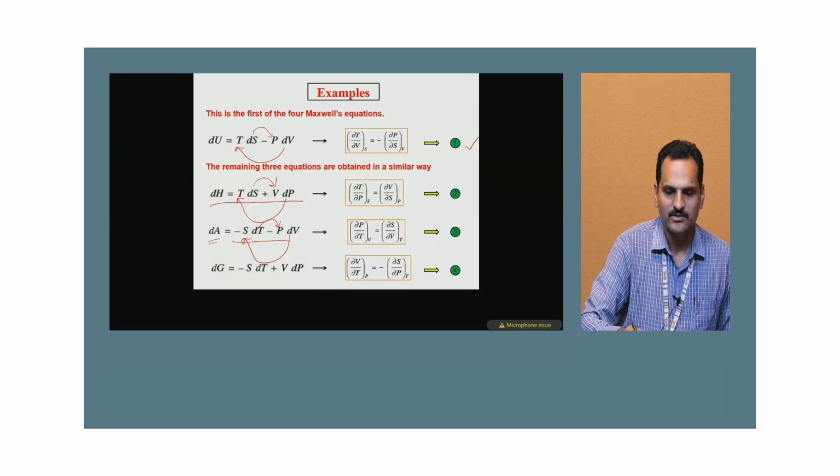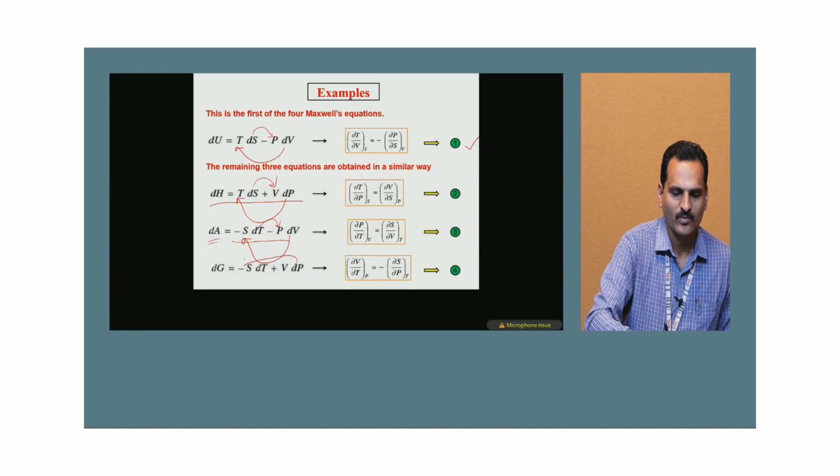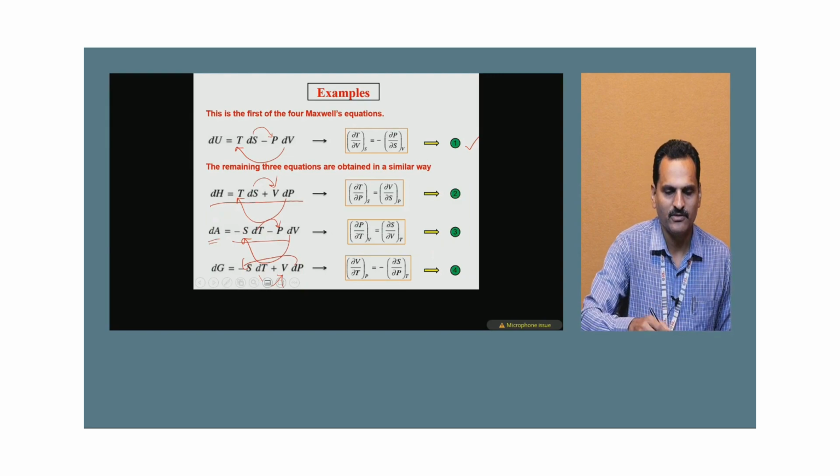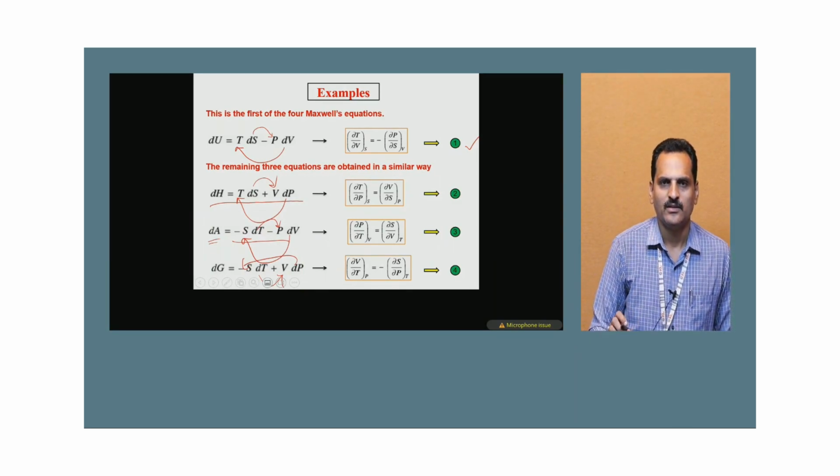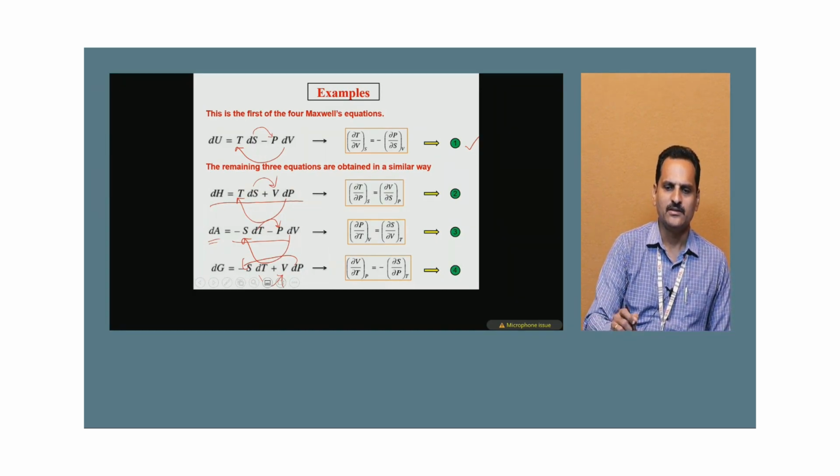In the partial differential form, ∂S/∂P is equal to ∂V/∂T. There is a minus sign, just put one minus sign where ∂S comes, and we can get the fourth Maxwell equation.